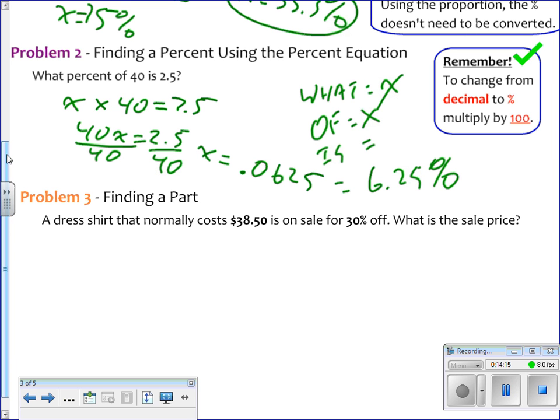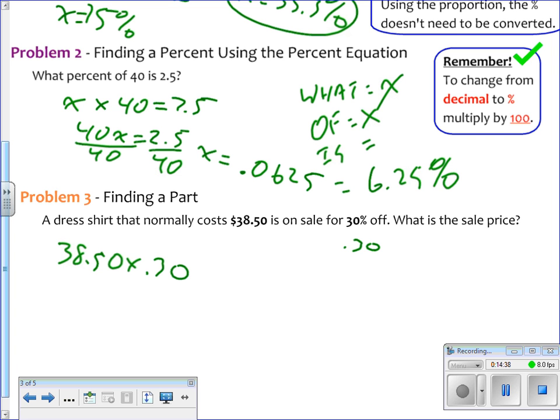So same thing. I need to find 30% of $38.50. So $38.50 times, and to find 30%, I take my percent and make it a decimal, right? 30% is 0.30.